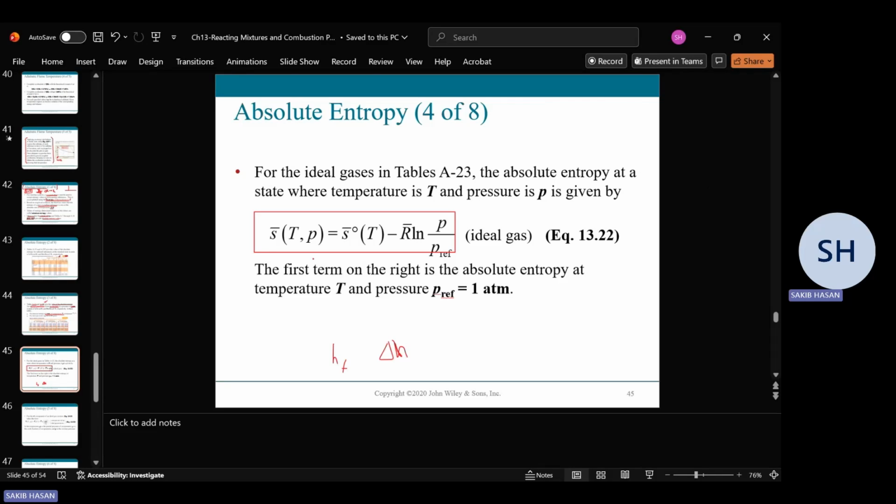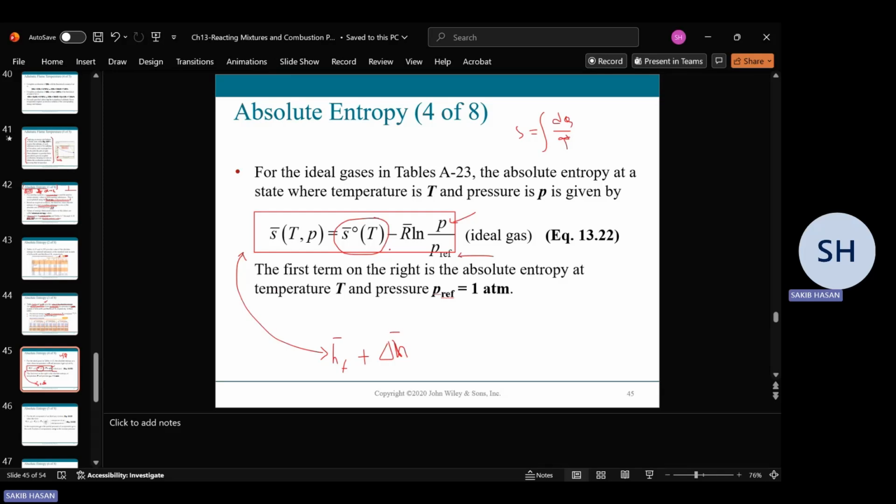The entropy equivalent of this formula is basically this. So we find the absolute entropy and we find the difference at P and P reference. And the ln shows up because of the integration over dQ by T, which is just entropy.